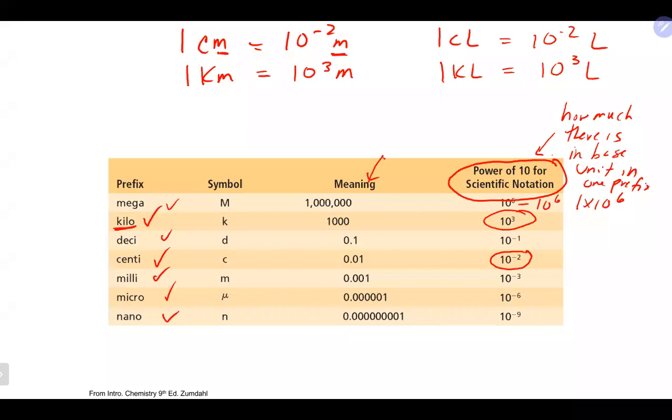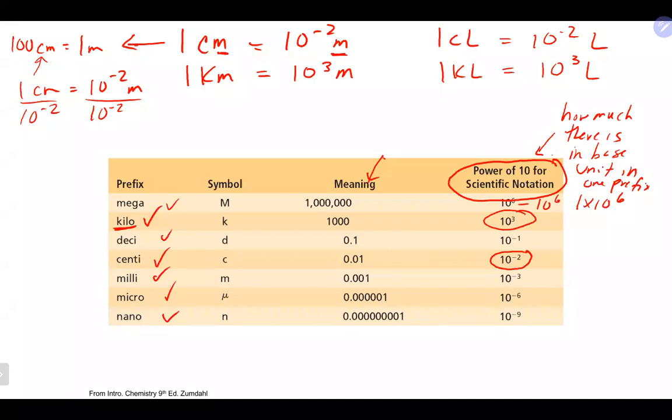Any questions on that? Now, sometimes people will use a bigger number instead of the exponent number. For example, there are 100 centimeters in 1 meter, and you get that by taking 1 centimeter equals 10 to the minus 2 meters and dividing by 10 to the minus 2 on both sides, and you end up with that.